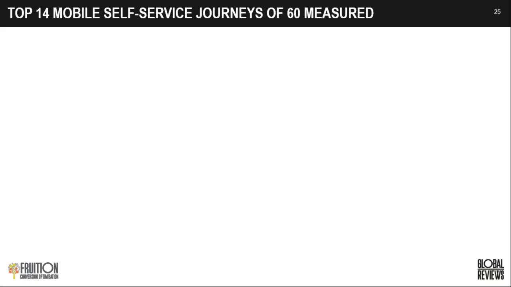The chart you're seeing right now was created by assessing 60 different brands, and you're about to see the top 14 brands based on their self-service journey. It could be a quote to purchase journey for a brand, opening a savings account, or many other things.